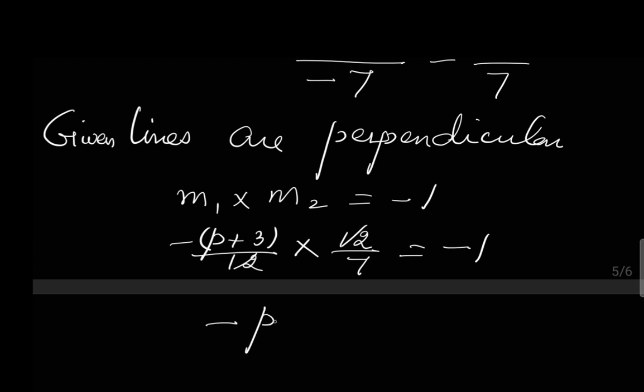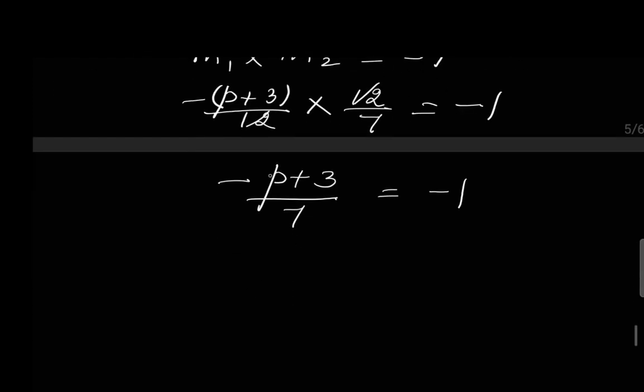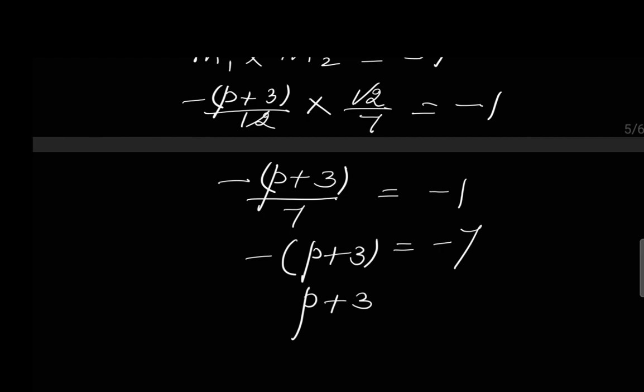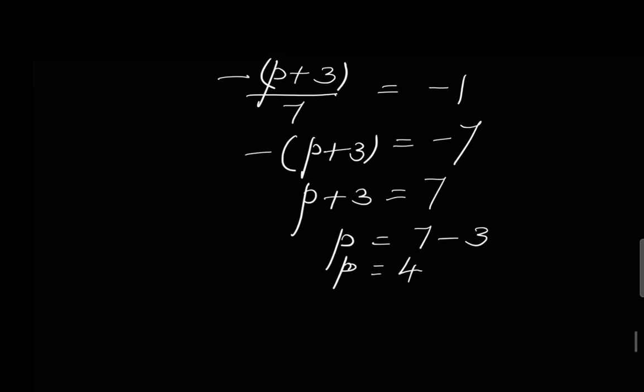So minus p plus 3 divided by 7 is equal to minus 1. To take this 7 to the other side, minus p plus 3 is equal to 1 sevens are 7 minus 7. Both minus signs get cancelled. p plus 3 is equal to 7. So p is equal to 7 minus 3. So p is equal to 4.